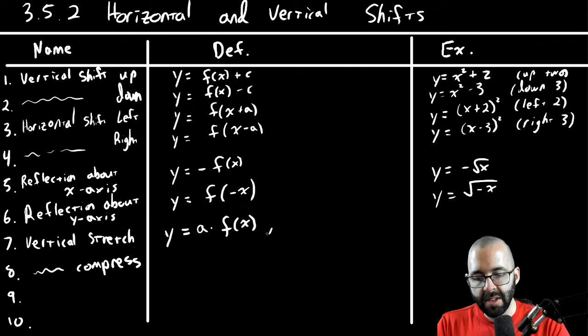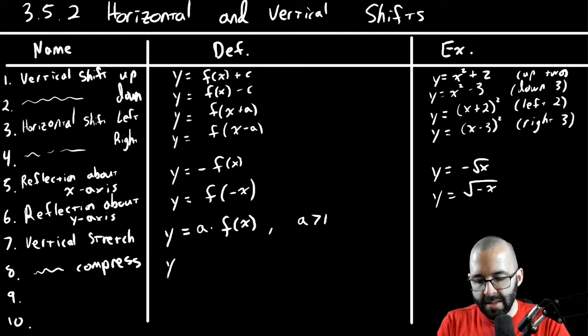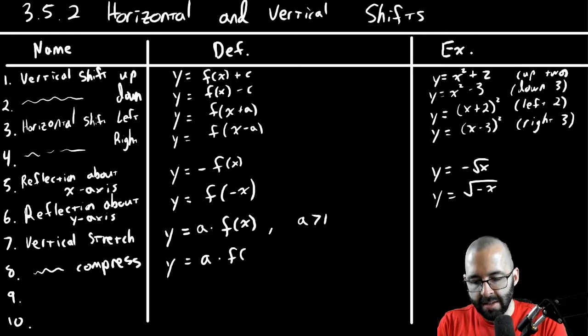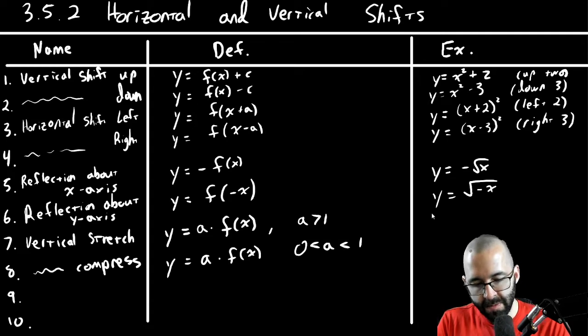But specifically, it's a stretch if this factor is bigger than 1, so like 2 or 3. But if it's 0.5, it's not a stretch then, it's a compression. And similarly, this is the same formula, a times f of x, if a is between 0 and 1. So we want a to be positive here. If a isn't positive, then we have a reflection and a stretching, for example.